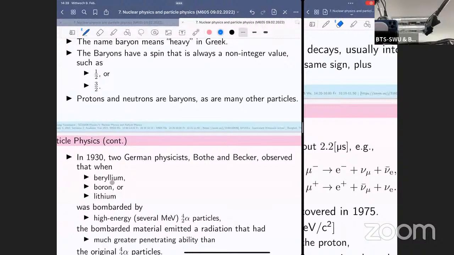That is the element second, third, and fourth.